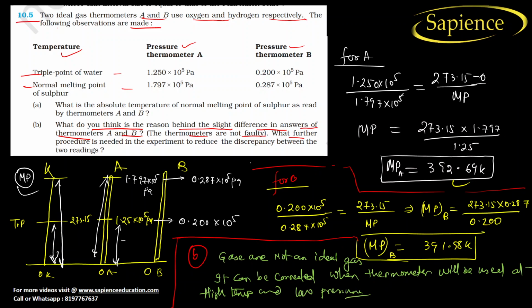This is the case where we can get the perfect value, because the gas will behave as an ideal gas when it is at high temperature and low pressure. So I hope you have understood this.